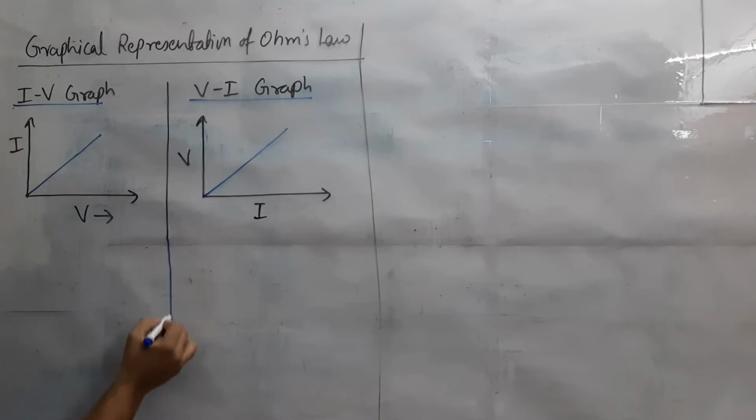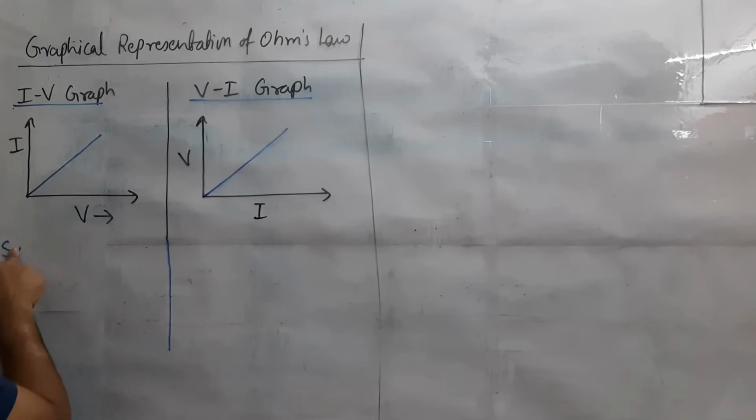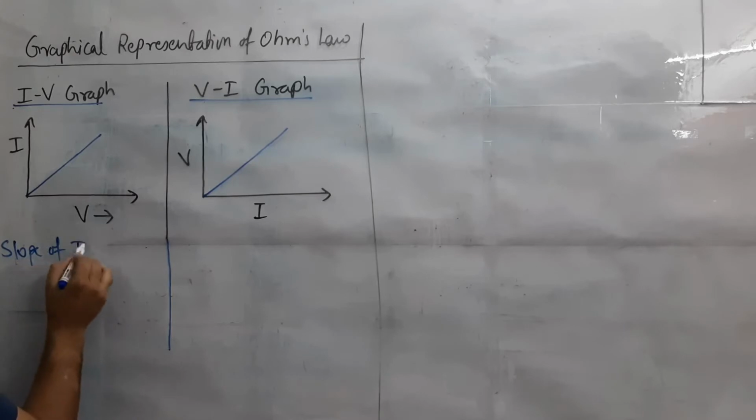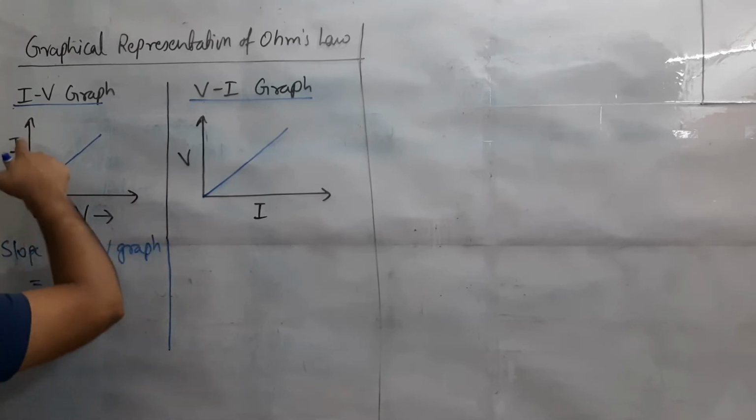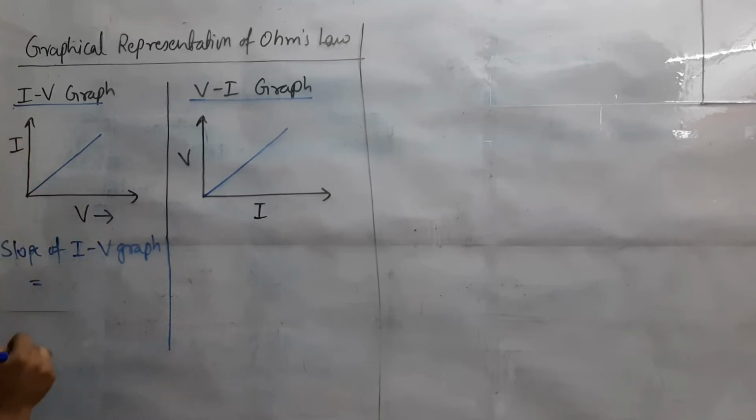So if we are representing the slope, in the first case, the slope of the IV graph is equal to change in quantity in the y-axis upon change in quantity in the x-axis.